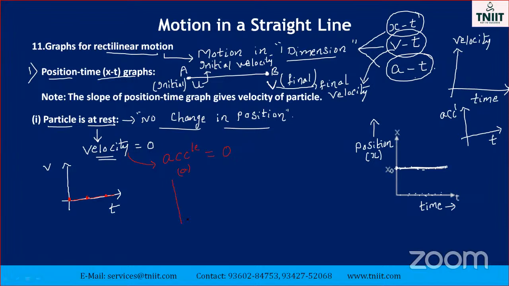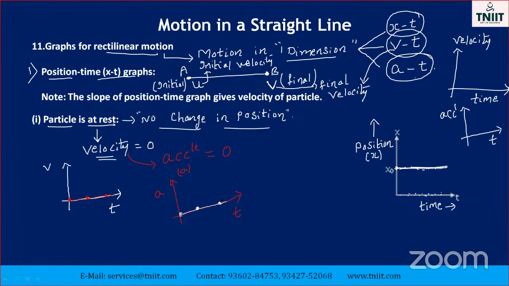So clearly, if you consider the acceleration time graph, definitely once again, that should be along the x-axis. Why is the line along the x-axis? Because acceleration is zero when the particle is at rest.